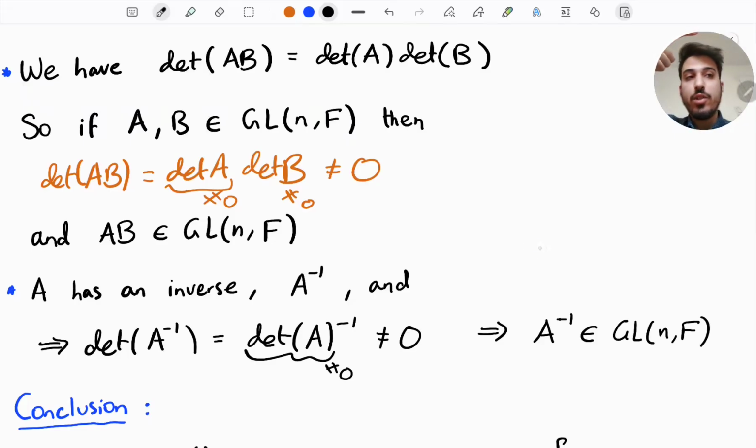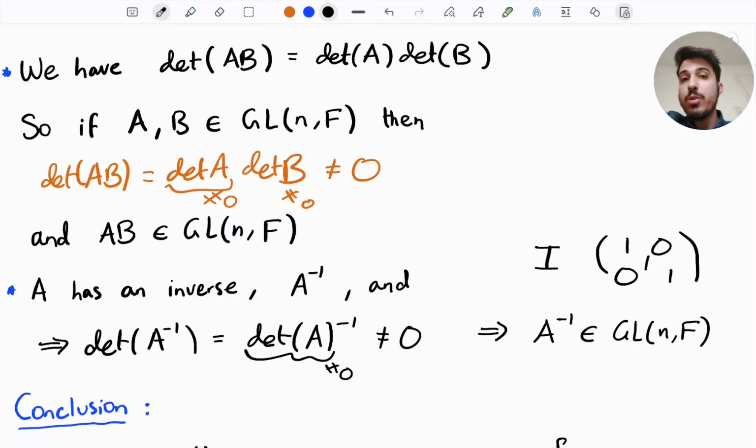The identity is just the identity I, which is the matrix with 1 on the diagonal and 0 otherwise, and the determinant of I is always equal to 1, which is non-zero. And matrix multiplication is an associative multiplication by nature. We've taken this in linear algebra probably.